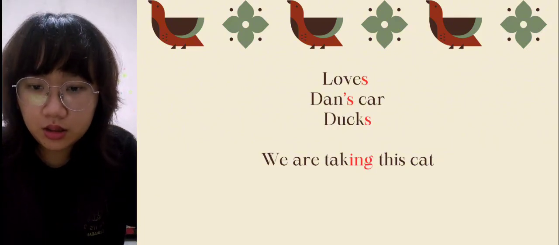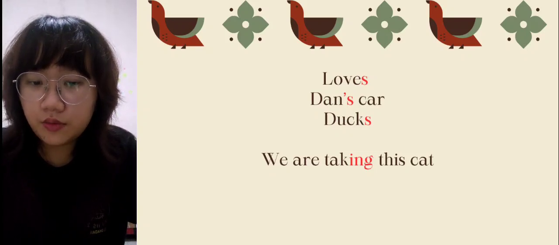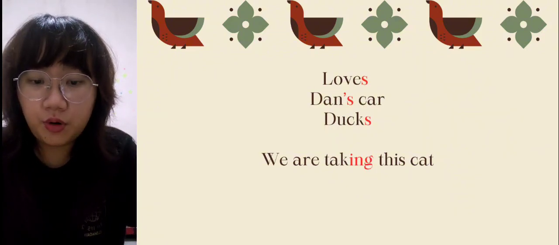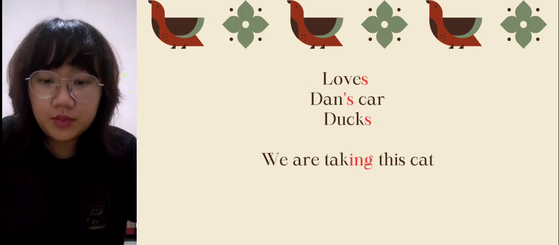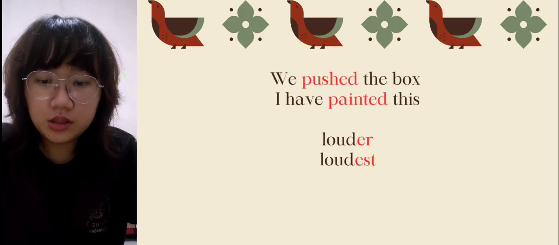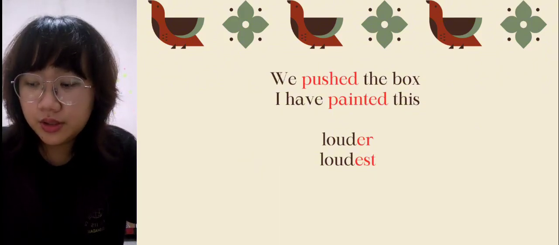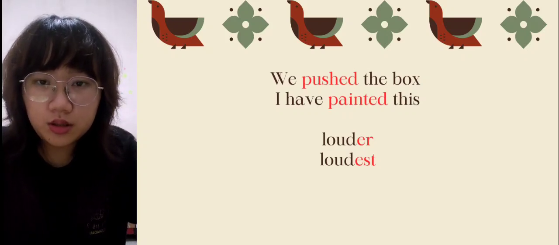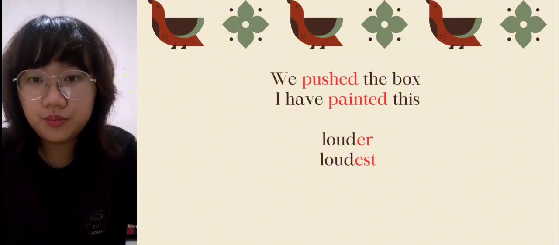And then there is the suffix ing. We make the verb take become taking. We are taking this cap. So taking here is a verb form of present progressive. The next one is the suffix ed. So you can see there, we pushed the box. Pushed here is a past participle, a past form of push.